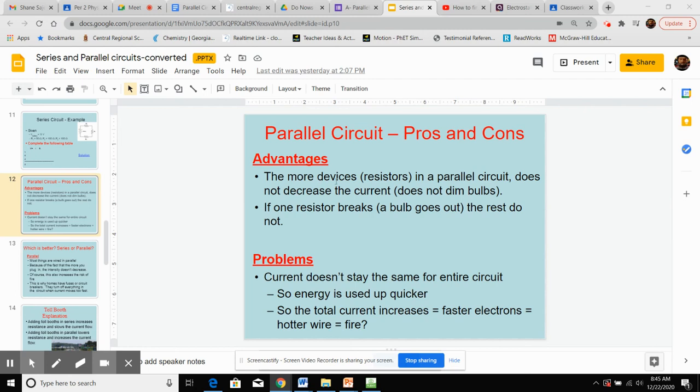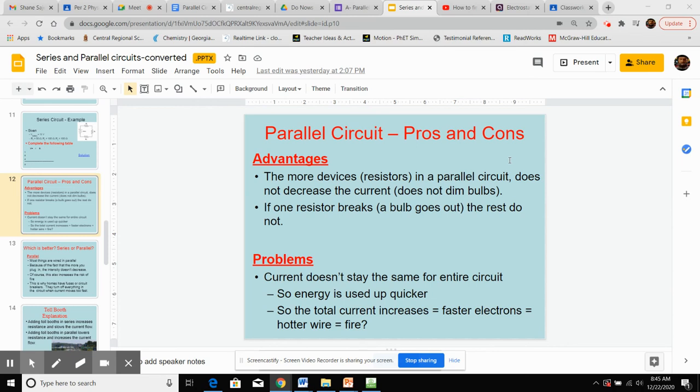So the more devices that you add in, it's not going to wind up decreasing the overall current. So the bulbs aren't going to get dimmer as they would if you added more bulbs in a series circuit. And if one of the resistors or one of the bulbs breaks, the rest do not go out. Now the current's not going to stay the same. It doesn't always stay the same for the entire circuit. There's going to wind up being basically drops.